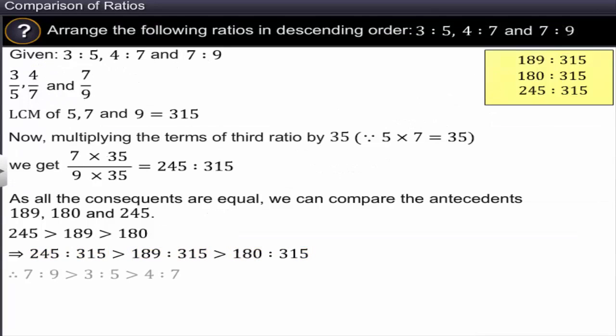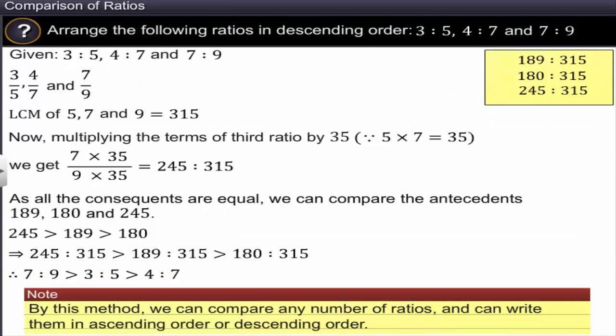Therefore, the descending order of the given three ratios is 7:9 is greater than 3:5 is greater than 4:7. Notice that by this method, we can compare any number of ratios and can write them in ascending order or descending order.